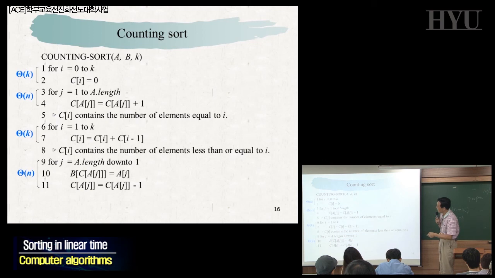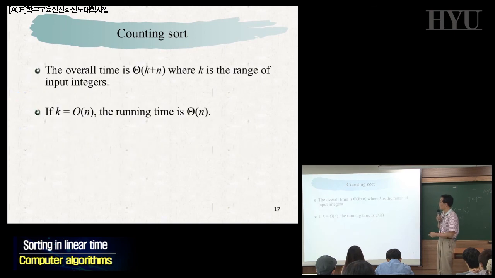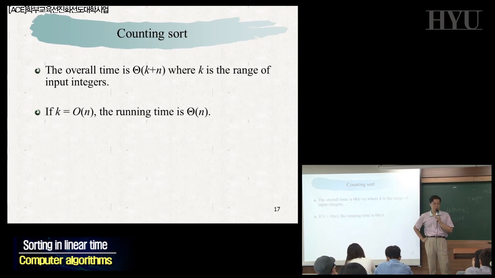Then let's add all these values, k and kn. So the total running time is theta of n plus k, where n is the number of elements in the input array and k is the range of input elements.